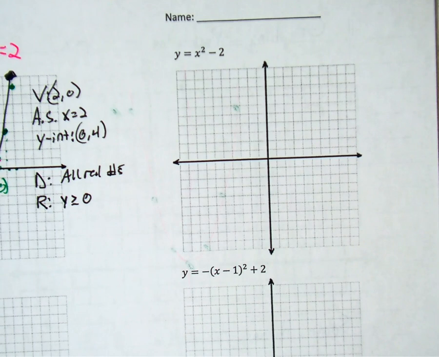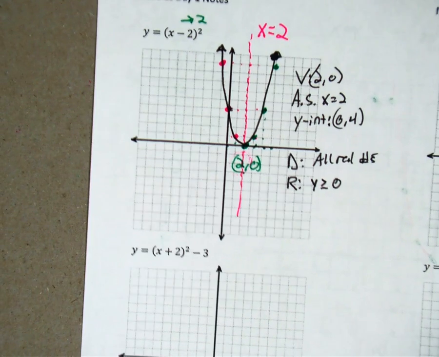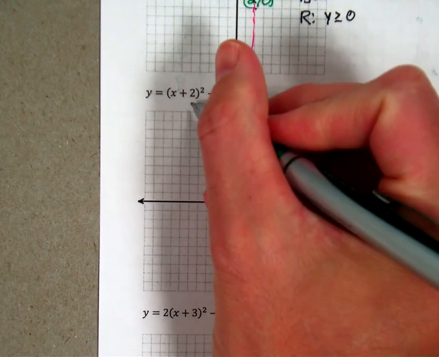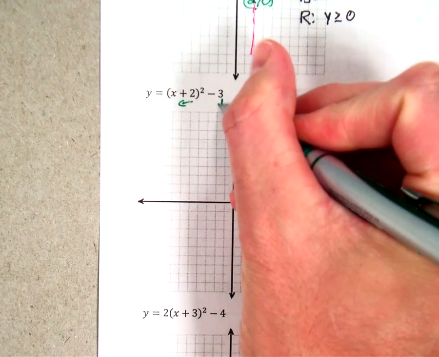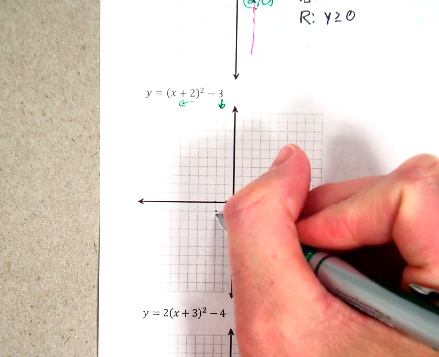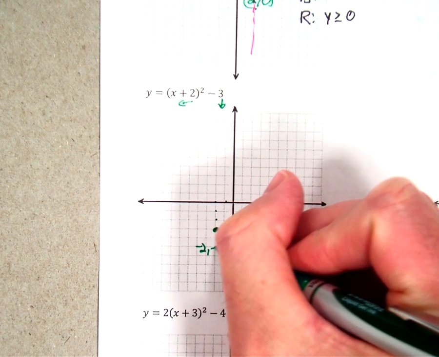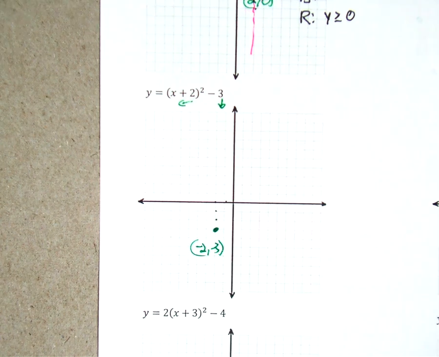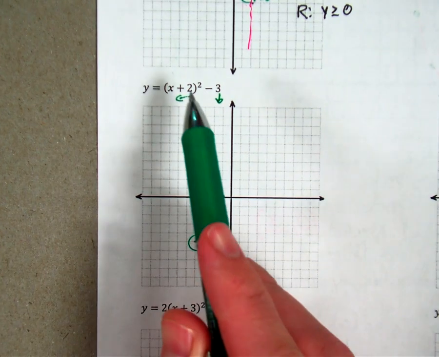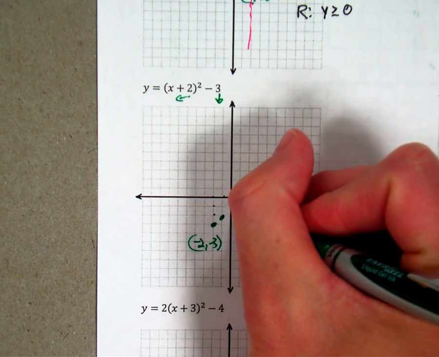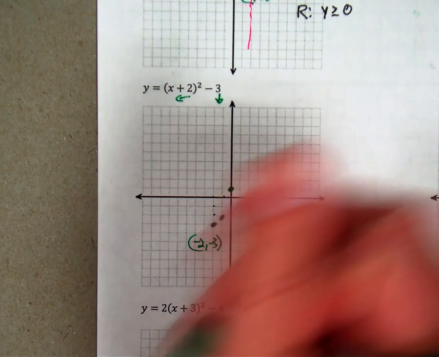Let's do one with 2 shifts. Okay, we're going to be left 2 and down 3. Negative 2, negative 3 for your vertex. No multipliers yet, so it's just over 1, up 1, over 2, up 4.